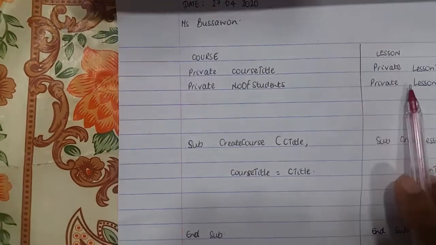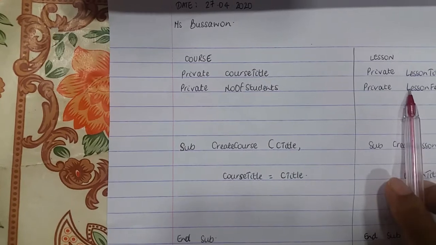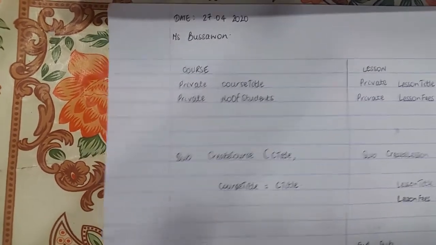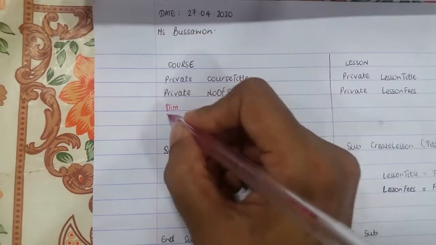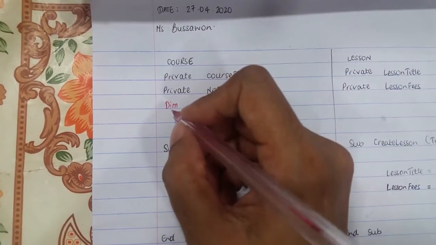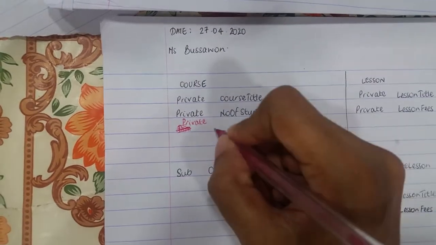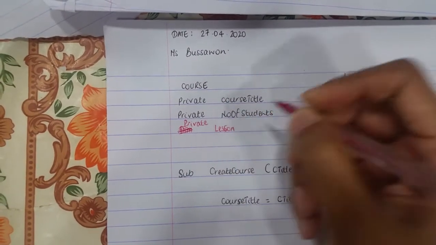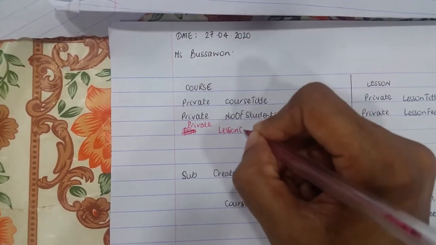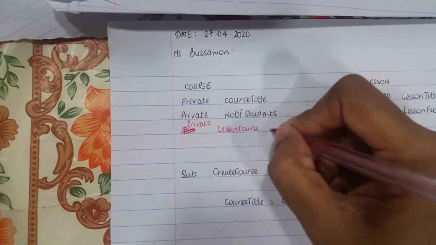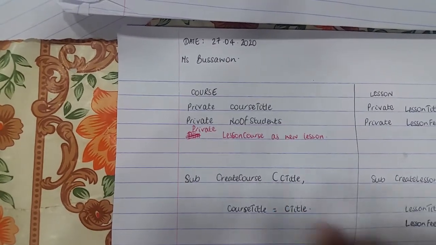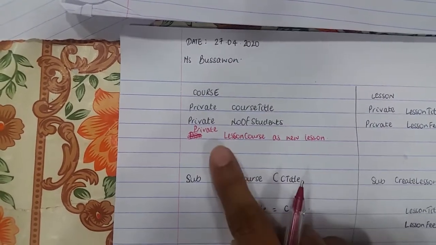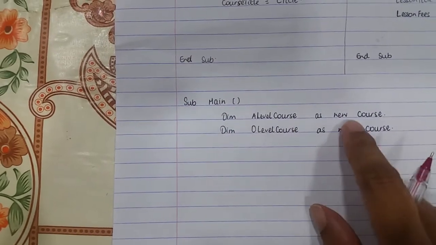A course contains lesson. Okay, it may contain multiple lessons, but for the sake of simplicity, we make one lesson. What I am going to do is create a private lesson course as new lesson. I remind you, I already wrote Dim lesson course as new, and for example here, A-level course as new course.